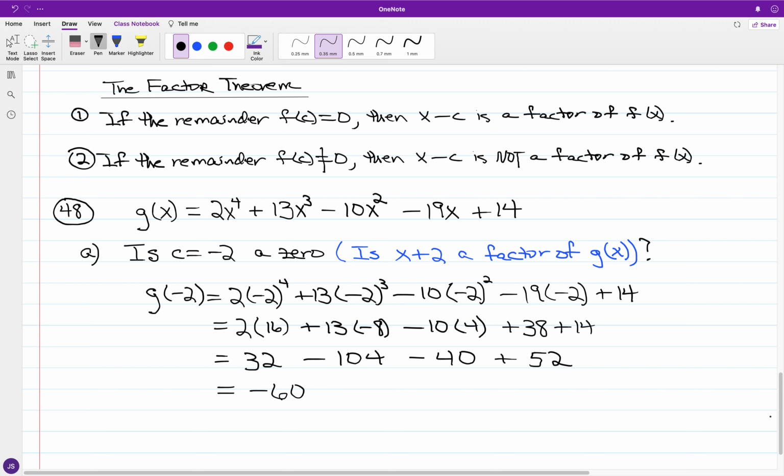Now in the context of the remainder theorem, your remainder, instead of f of c, is going to be g of c, but we still have the same rules to apply.